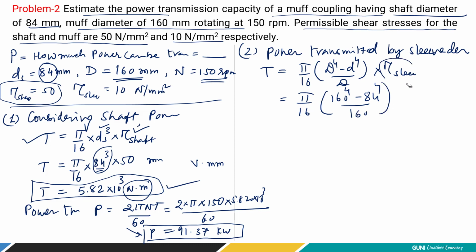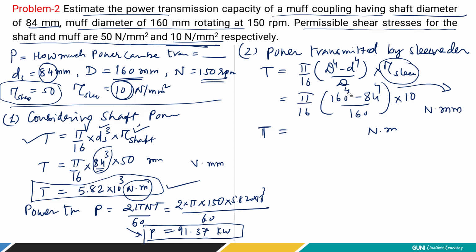Now the sleeve shear stress value given is 10. You cannot take 50 because in the numerical it is separately given, so do not forget it, take it as 10. Now find out the torque value T in terms of Newton meter. Remember, this value is going to give you the unit of Newton millimeter. Why?